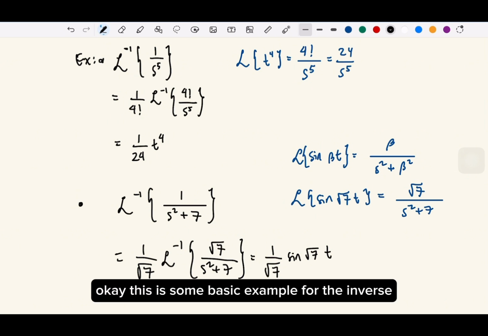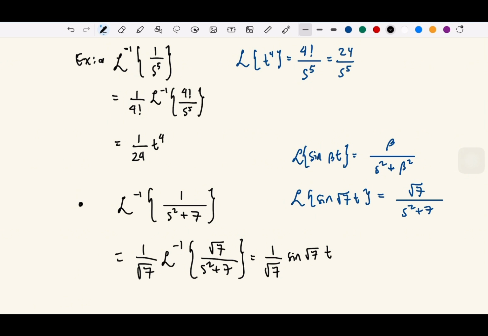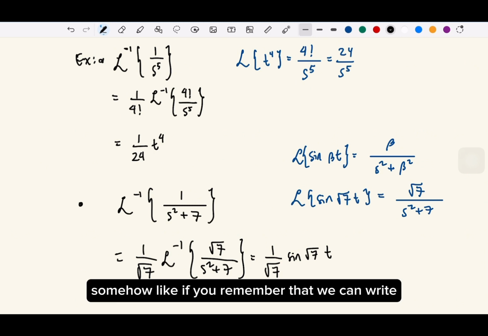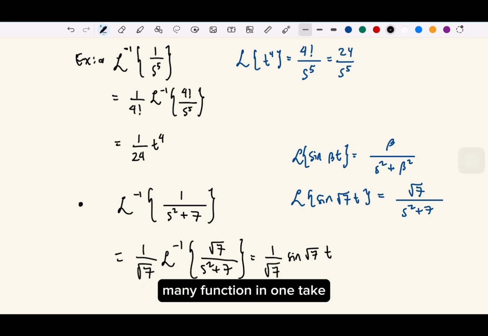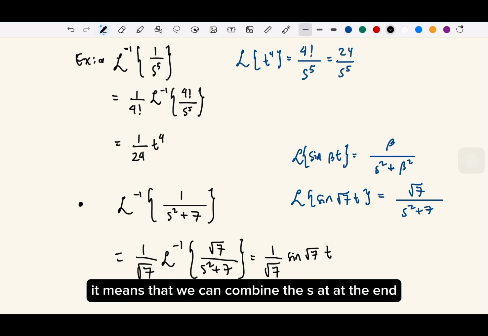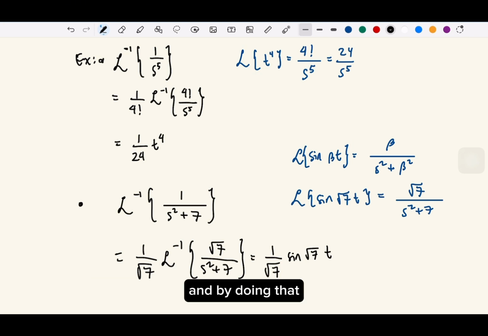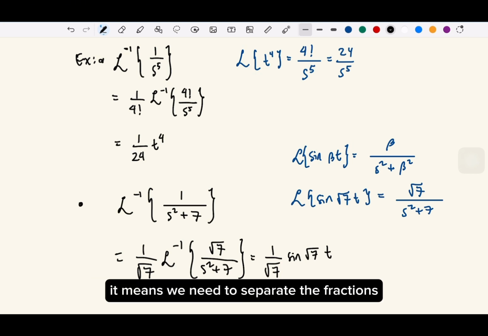Okay, this is some basic example for the inverse. Well, in the real case, if you remember that we can write the Laplace transform in terms of many functions in one take, it means that we can combine the s at the end, and by doing that, we need to separate the fractions.